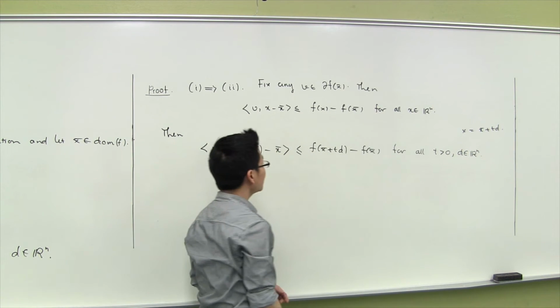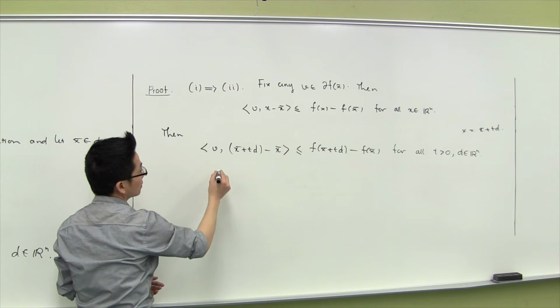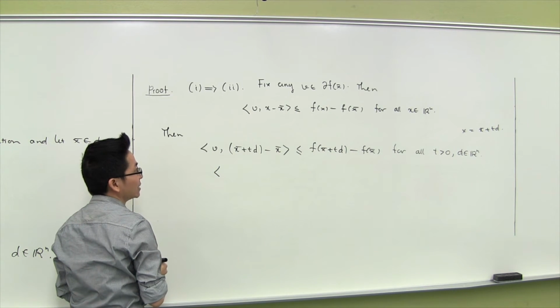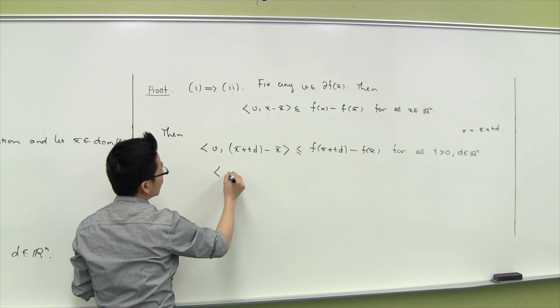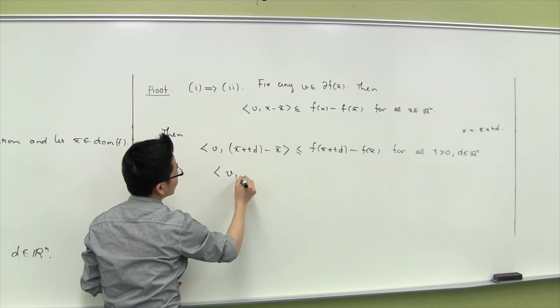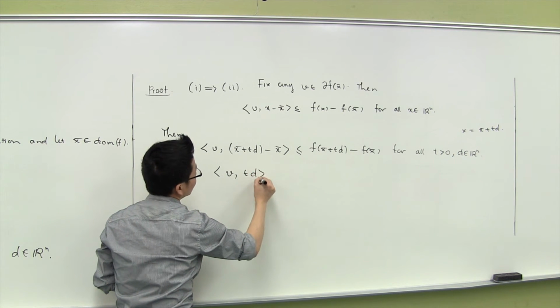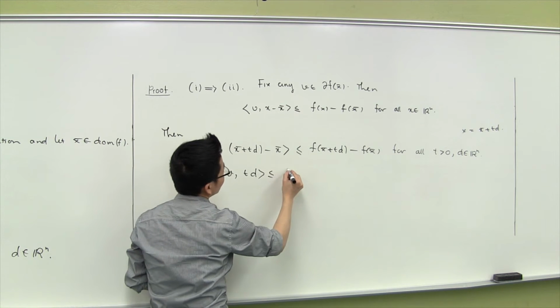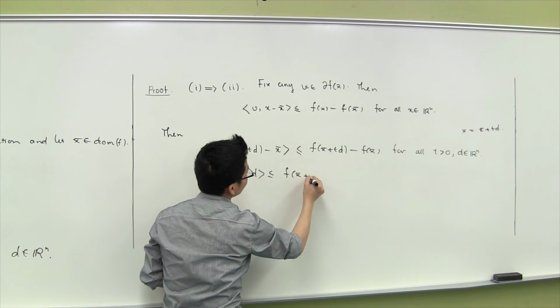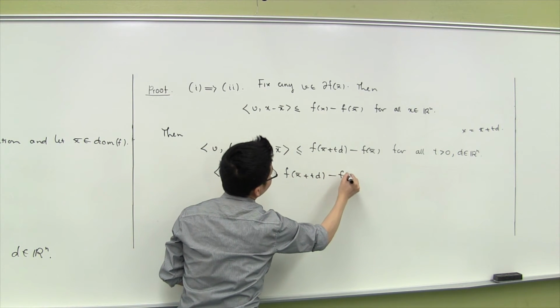Okay, then we simplify this inequality and obtain the inner product of v and t d is less than or equal to f of x bar plus t d minus f of x bar.